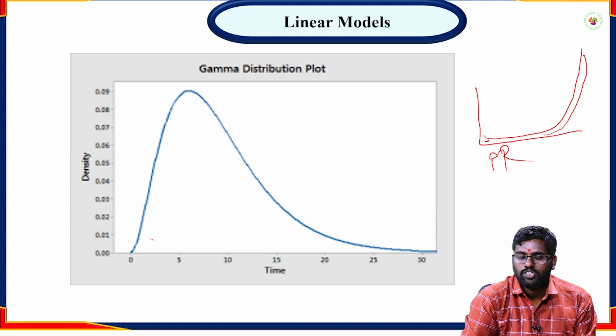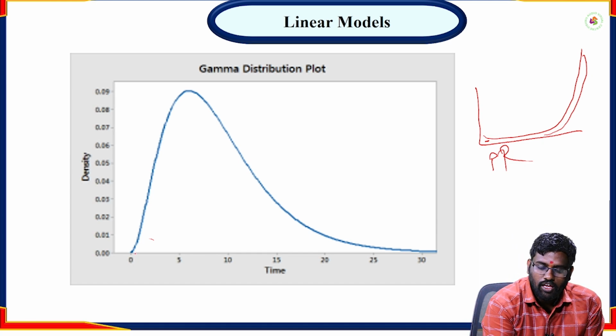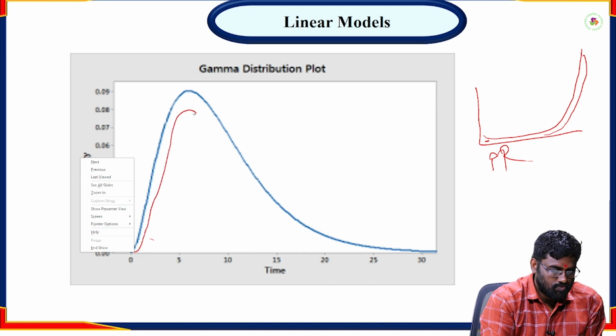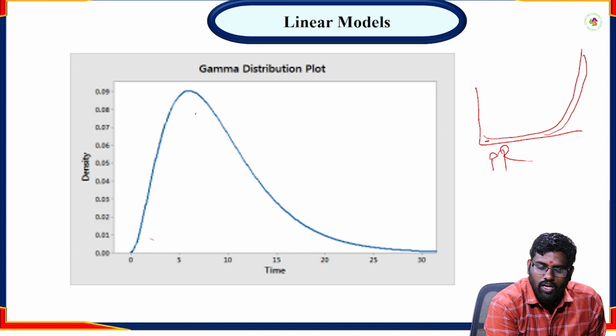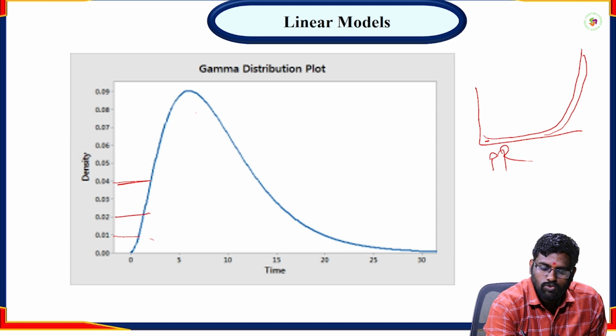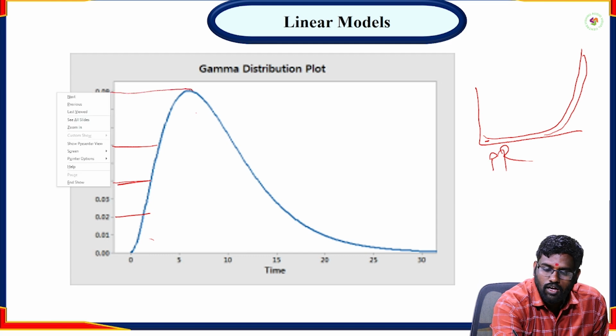That is Poisson regression. In the case of gamma regression, it also starts from the origin and increases continuously like this. When we change the value, 0.01, 0.02, 0.03, 0.04, and these values increase, the graph will reach the highest point.